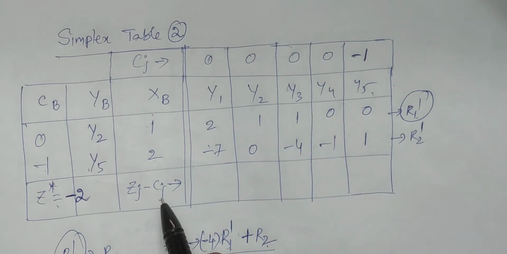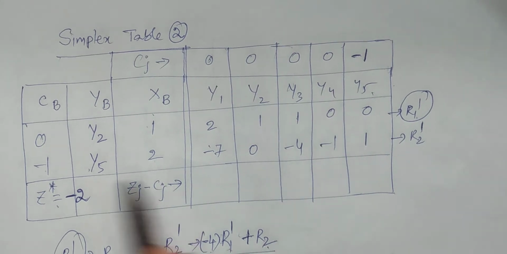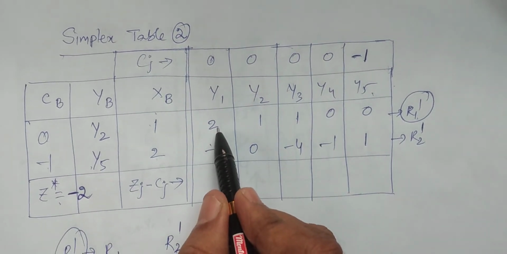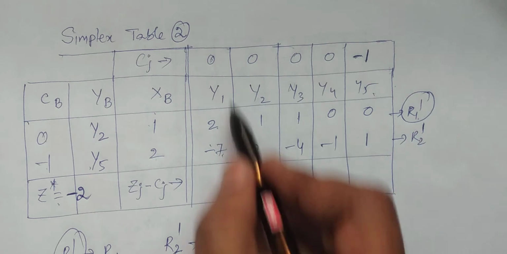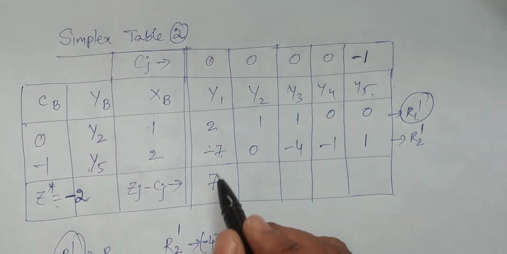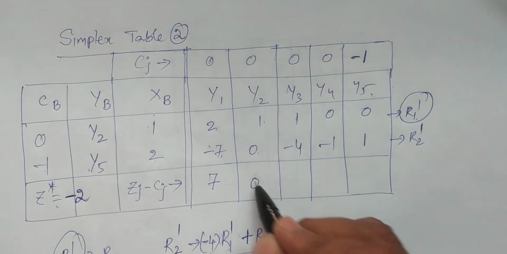The Zj minus Cj values are here. CB Yj minus Cj. First of all y1: 0 into 2 plus minus 1 into minus 7, plus 7, so 7 minus 0, it is 7. Next one, 0 into 1, minus 1 into 0, it is 0.